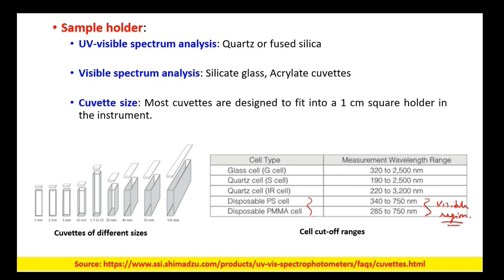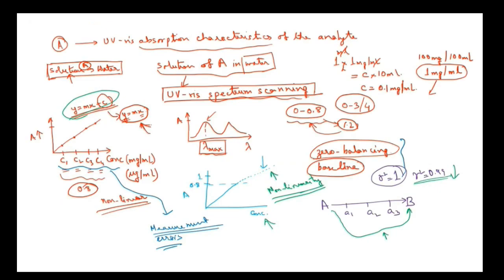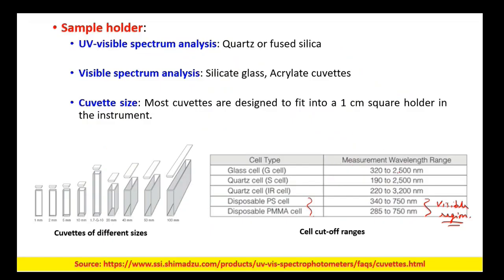For the full UV visible range of electromagnetic radiation, we basically use the quartz cell, which covers the measurement wavelength range from 190 to 2500 nanometer.